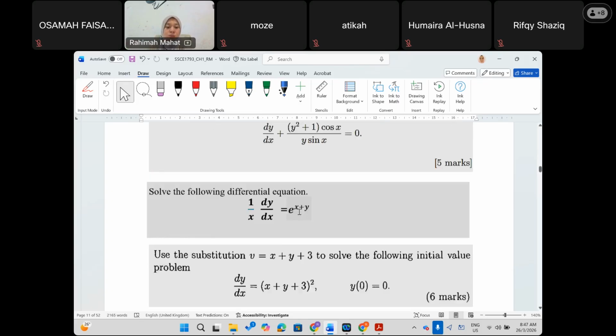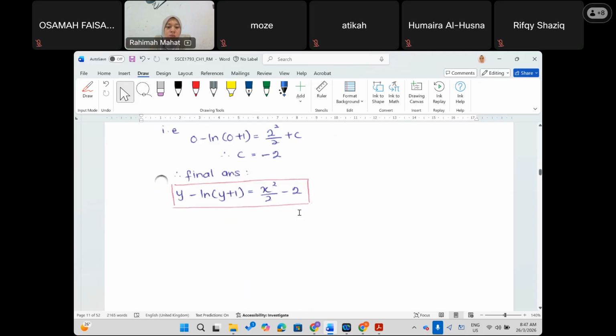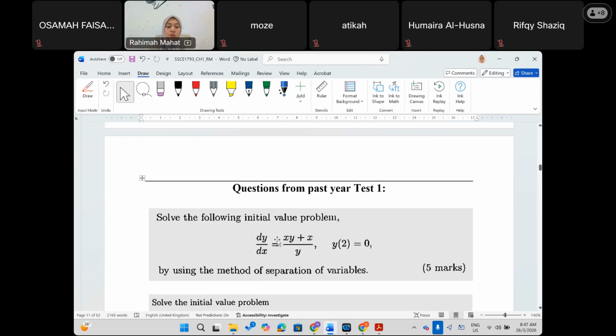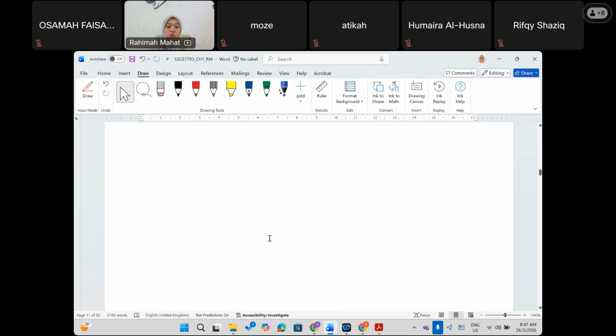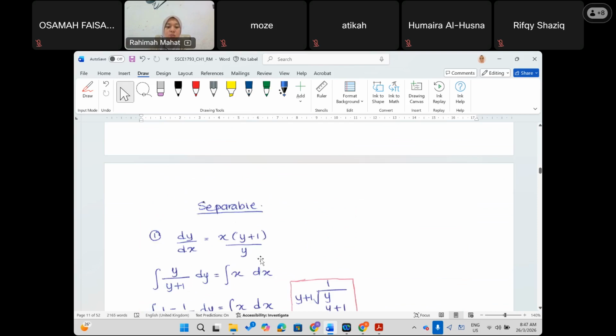And then after that, this is the example of solving. I will just show you how to solve the initial value problem for question 1 here. So question 1, dy over dx is equal to, this is from the question, x plus y over y.